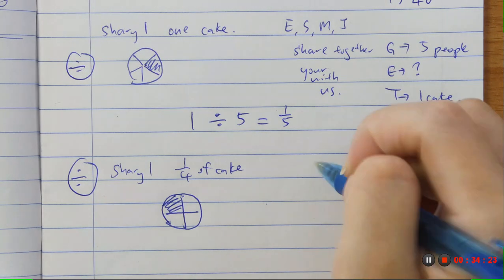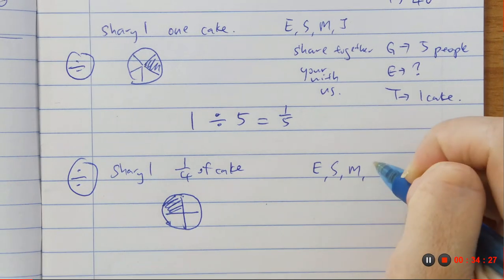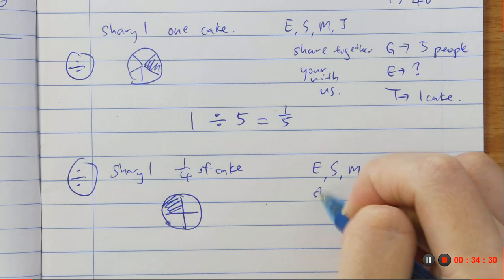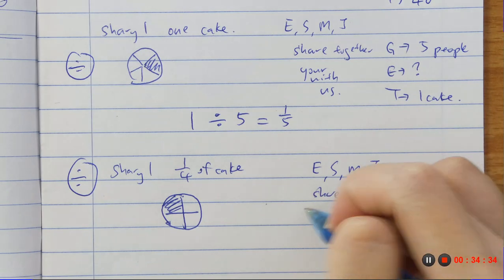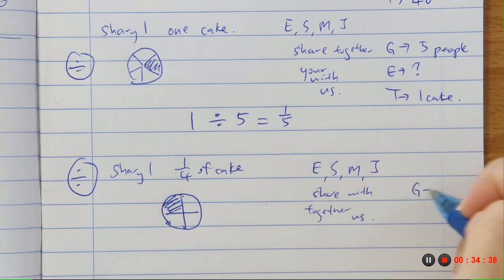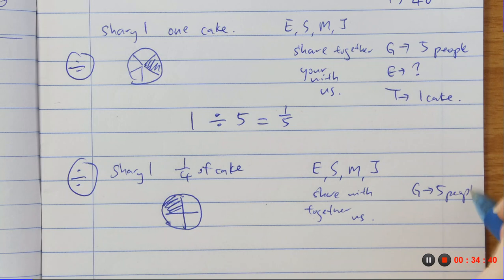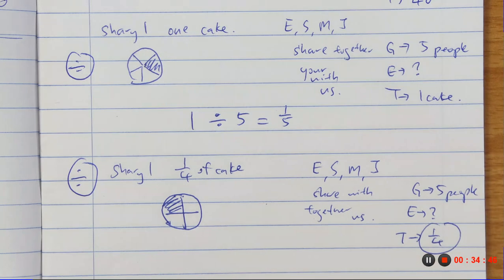Then the same friends, Elena, Summer, Marianne, Janisha came. Hey, come, share with us. Share together with us again. Same thing, still have 5 people. How much cake did each person get? But they only got 1/4 of the cake left.